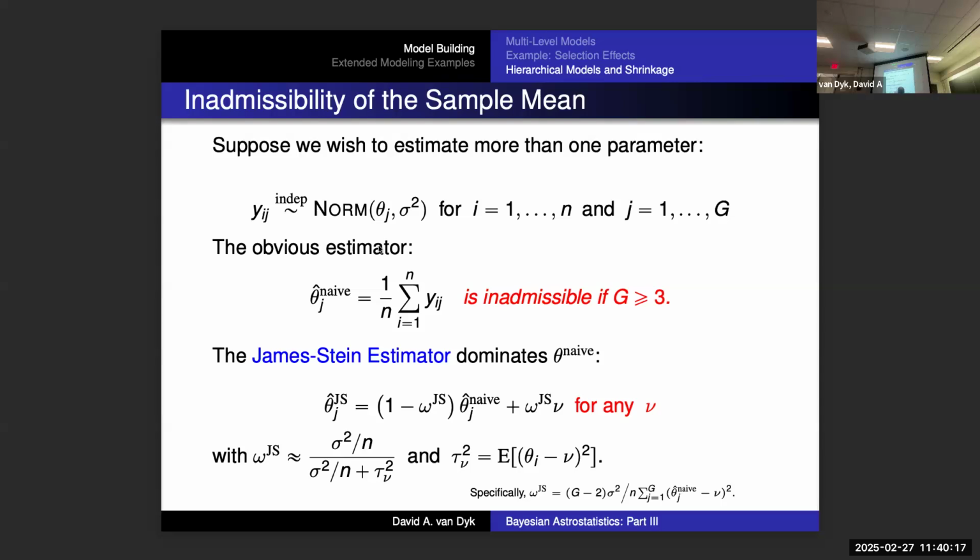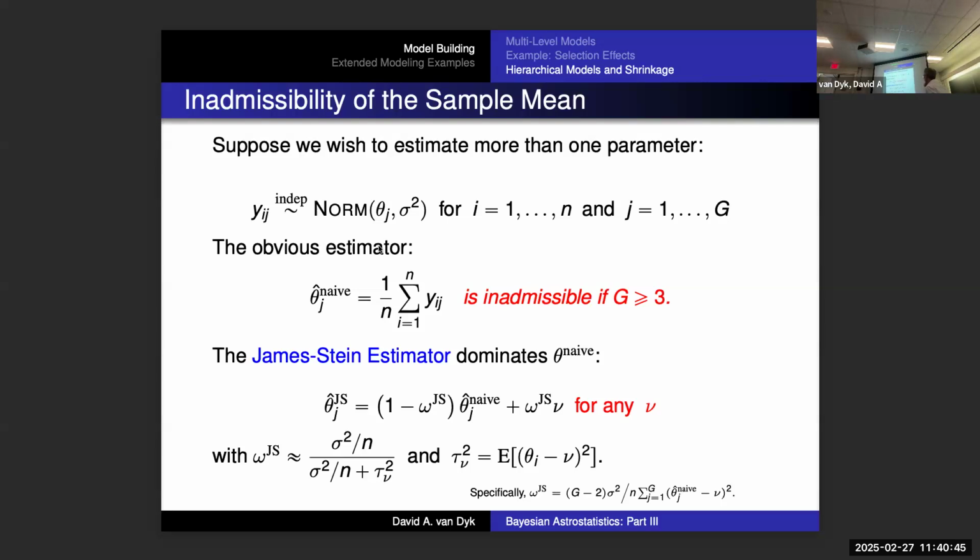Let's take it apart a little bit. This is that sample average we had there. So it's a weighted average of just a regular sample average and any other number, nu. Any other number. It's bizarre that this is going to be better than the sample average. And it's a weighted average, so the weight is going to be a number between 0 and 1. How do we set the weight?